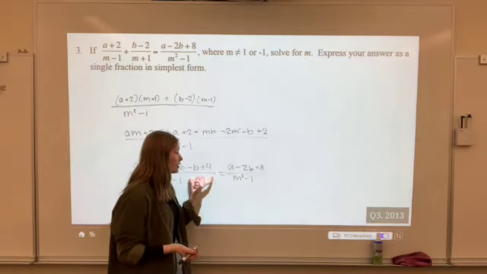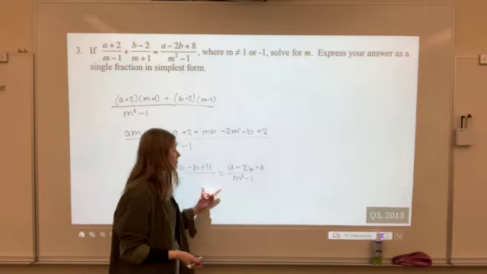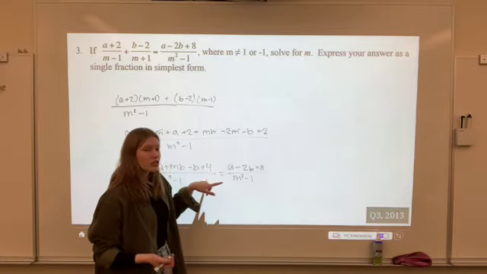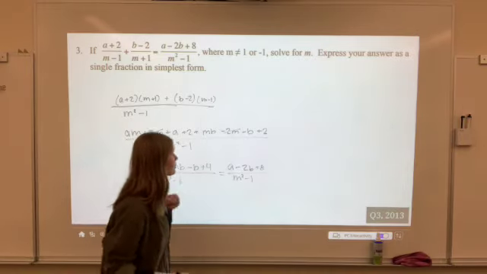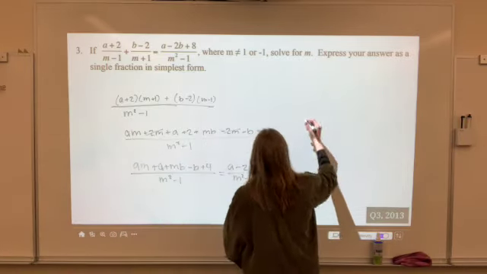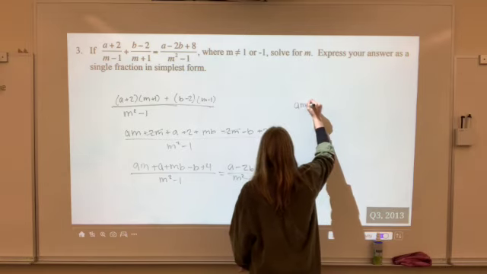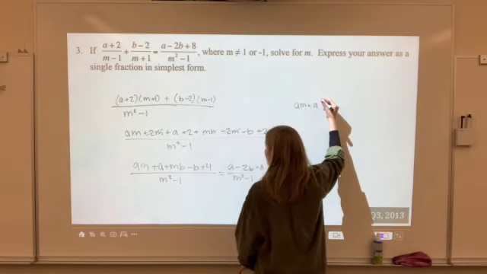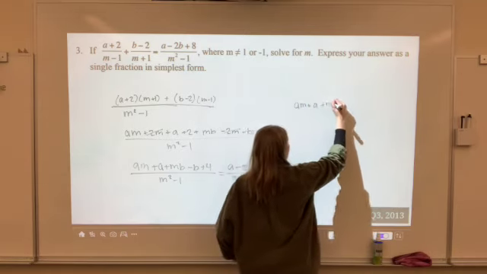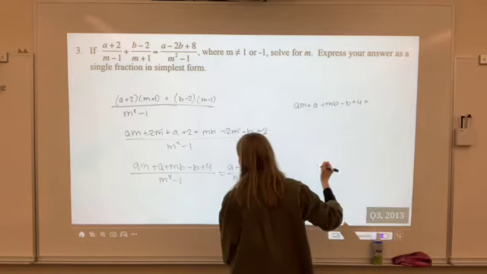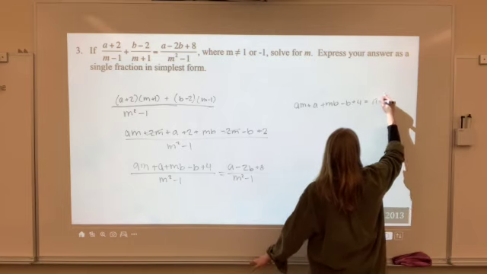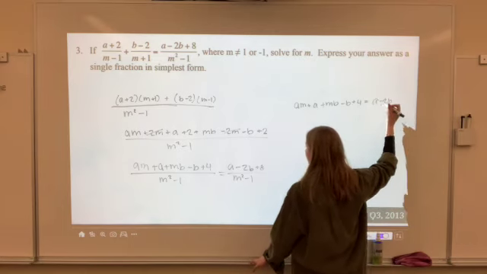And for these two fractions to be equal to each other, the numerators also must be equal. So I can just ignore the denominators and set our numerators equal to each other. So we have am plus a plus mb minus b plus 4 is equal to a minus 2b plus 8.